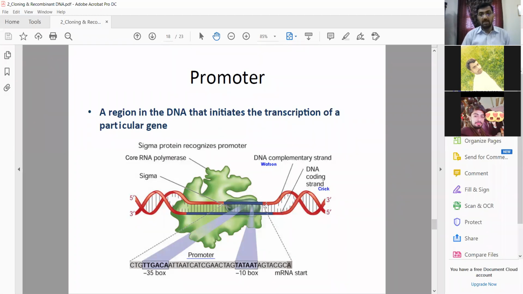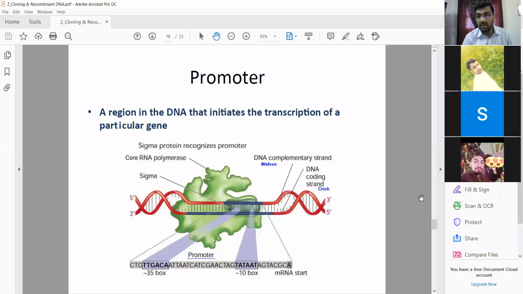Moving to the other part, the promoter. Whenever you are expressing a transgene, it depends on what type of transgene you are expressing. Either you are expressing a eukaryotic transgene or a prokaryotic transgene.